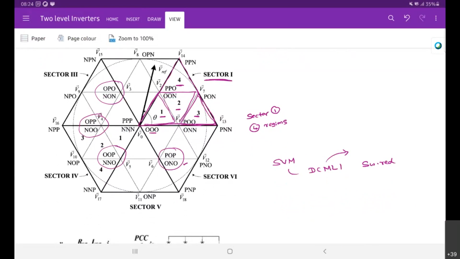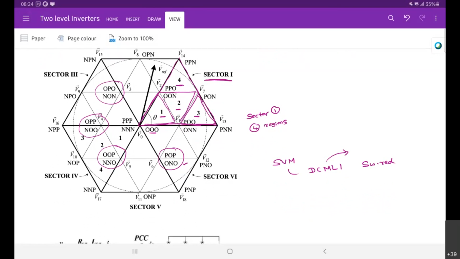So we developed the space vector diagram. We defined the 27 switching states. Among them, 24 are active switching states and 3 are zero switching states.